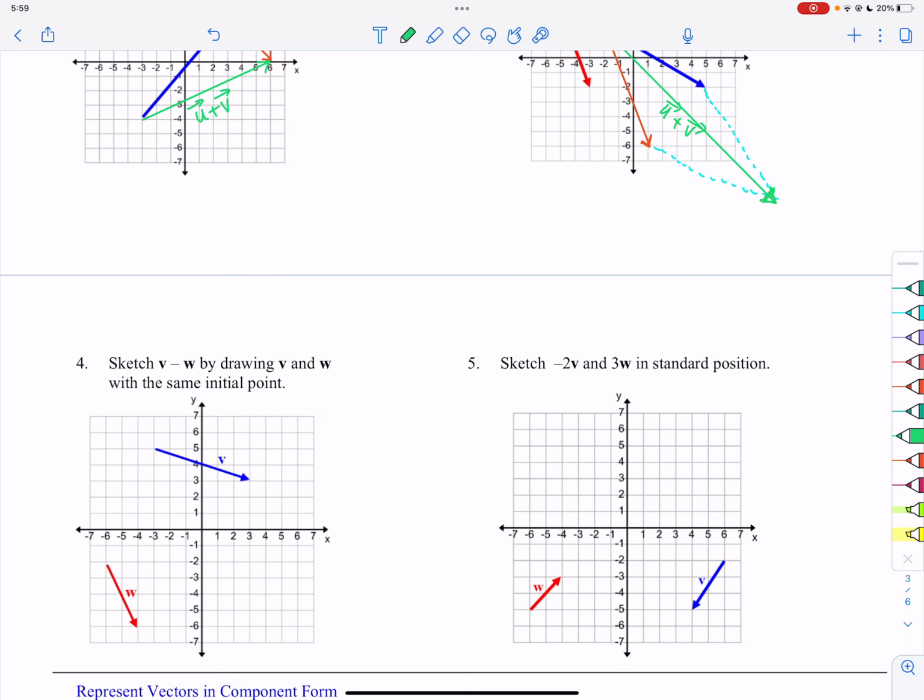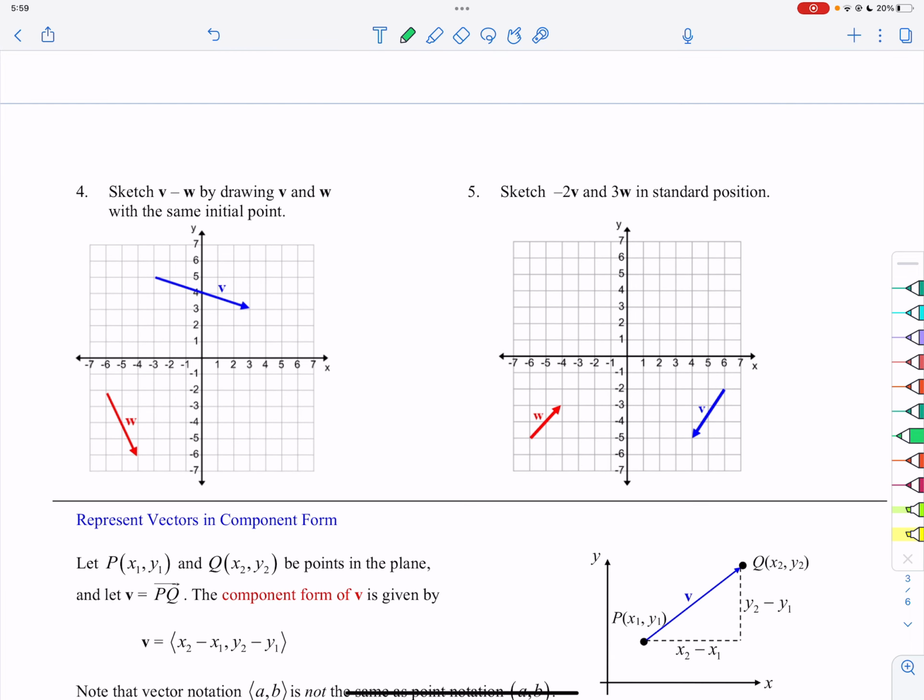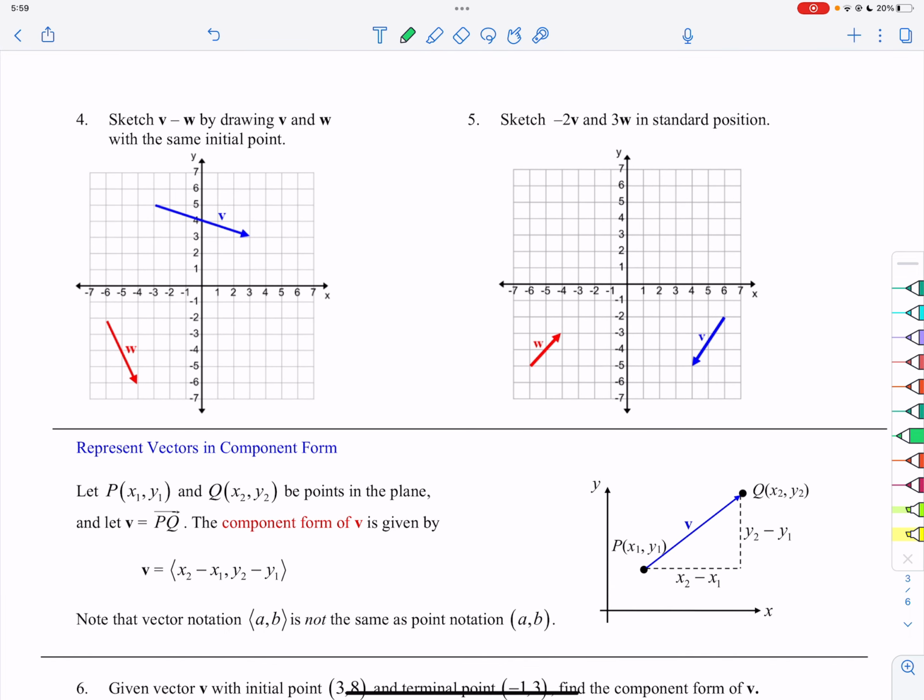Looking at number 4, we're going to sketch v minus w by drawing v and w with the same initial point. So let's go do that. So we will have w here, and w is right here, and it goes down 1, 2, 3, 4, and to the right 2. And so here is w. And then we are going to have v minus w.